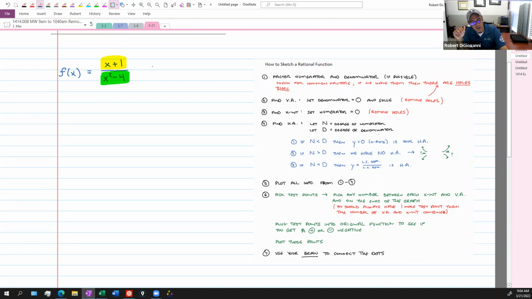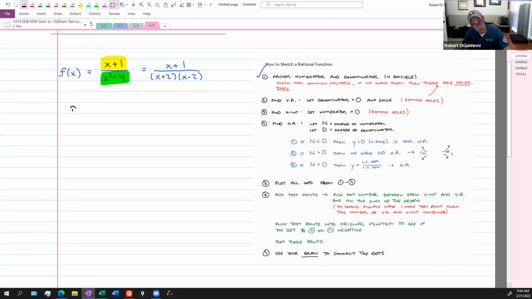When you look at this rational function, there's nothing you can do in the numerator. x plus 1 is just x plus 1. But the denominator can be factored as a difference of squares: x plus 2 times x minus 2. We notice that there are no factors that can be canceled. There's no factor on top that is common to a factor on the bottom. So we have no holes, and step 1 is done.